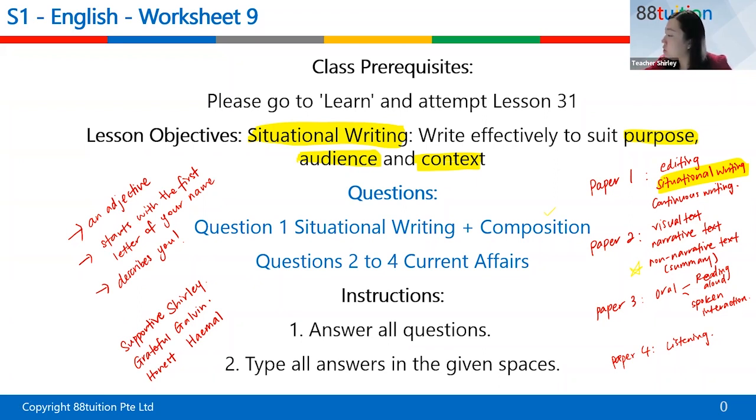And then also, of course, for spoken interaction as well. When we go through current affairs with you, you will be able to engage in more conversation with your examiner when it comes to the oral exam. So that's why we are going through current affairs. This is what we want to deliberately do so that you can get a head start.